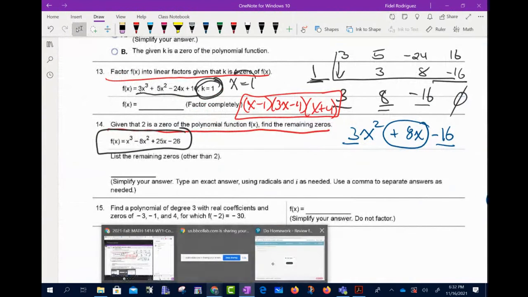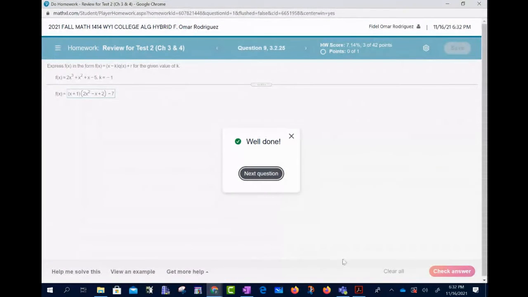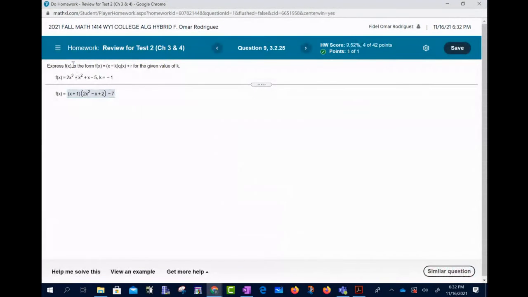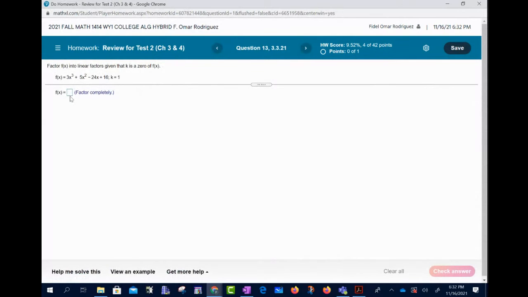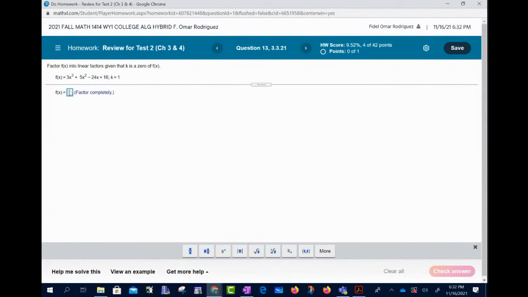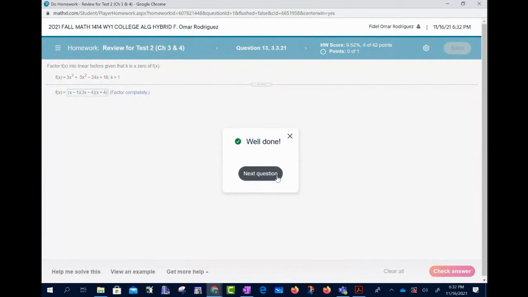Let me go actually to number 13, and let's enter that in for our answer. Okay. So remember we had an x minus 1, and we had a 3x minus 4, and we had an x plus 4. Okay, so I wrote them all there. We're going to check it, and we got it, okay?